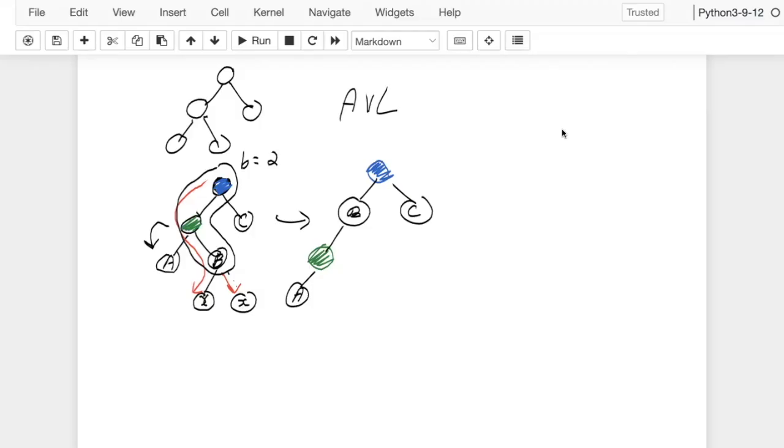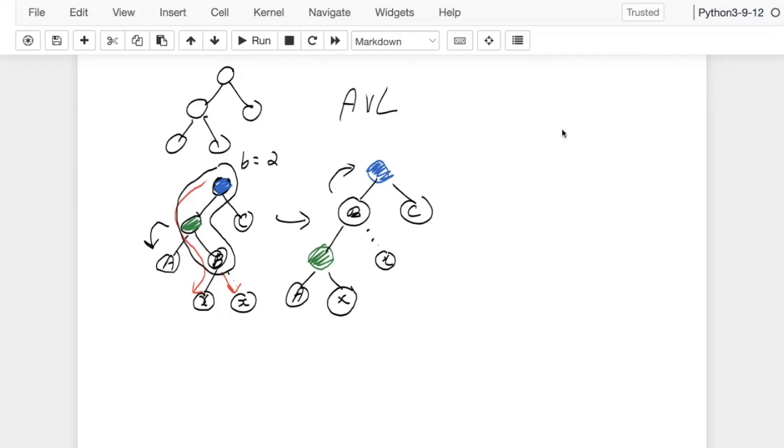And then the X will come because X is greater than green. Okay, so we can move our X here. And if X is on the right of B, then this X is here. We're going to move B up.